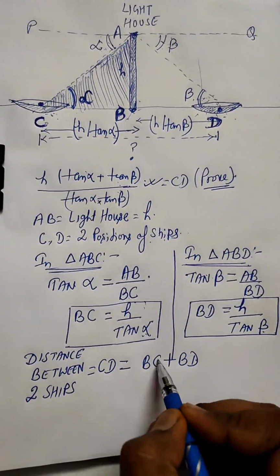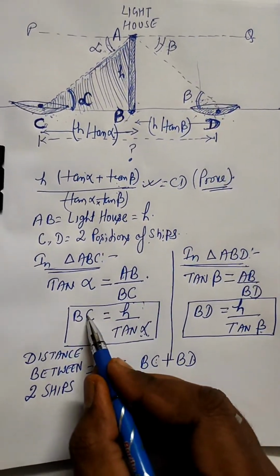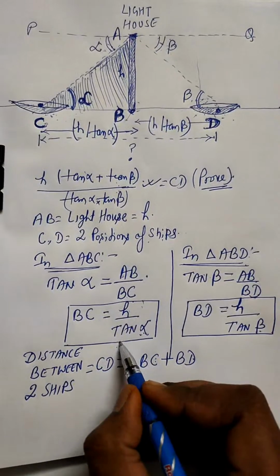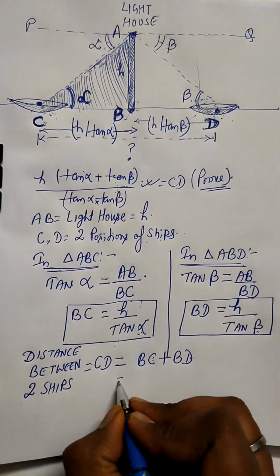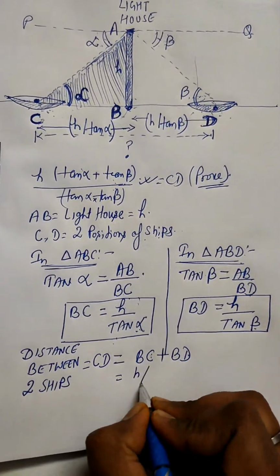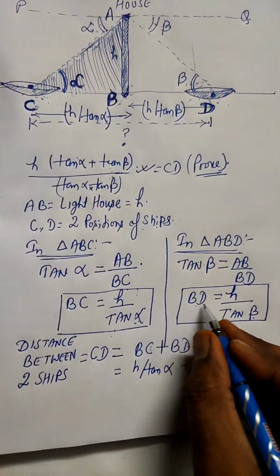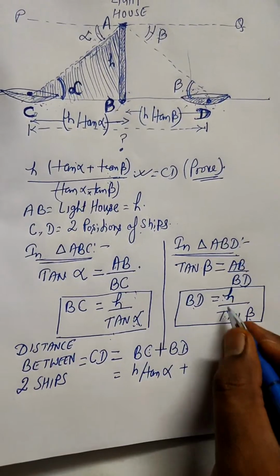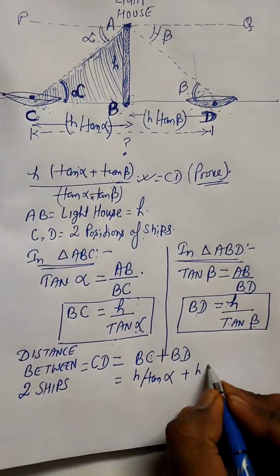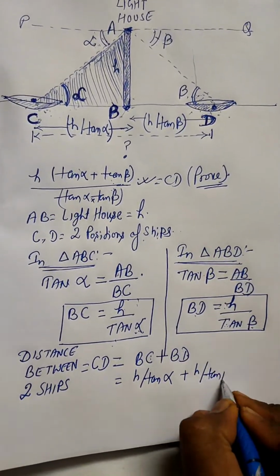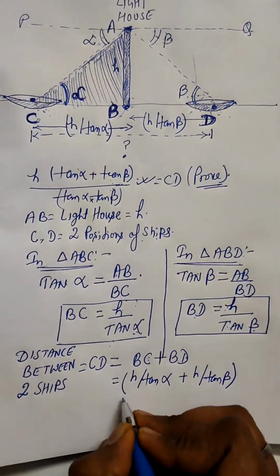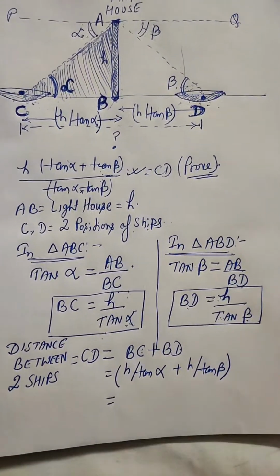And what's the value of BC? We have calculated BC as H by tan alpha. Just put the value over here. H by tan alpha, and in place of BD just put the value H by tan beta. Simple arithmetic calculation.